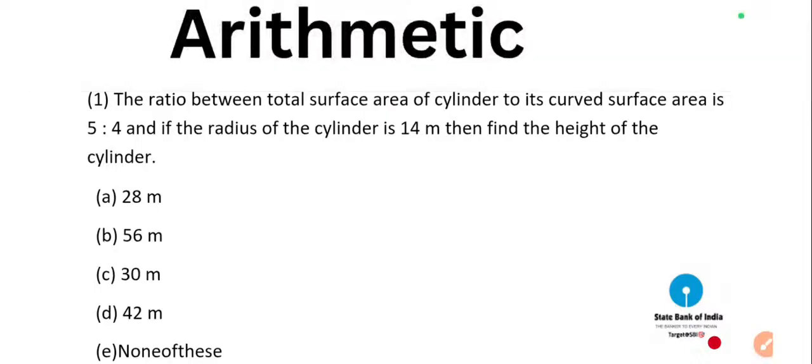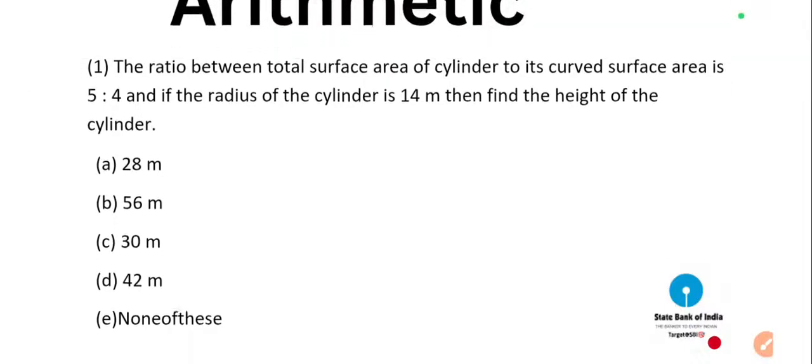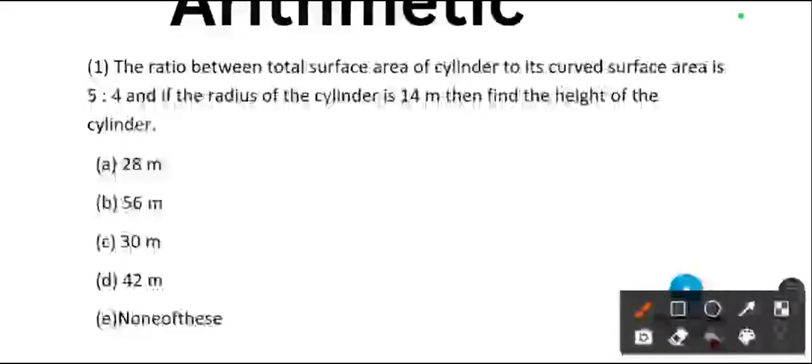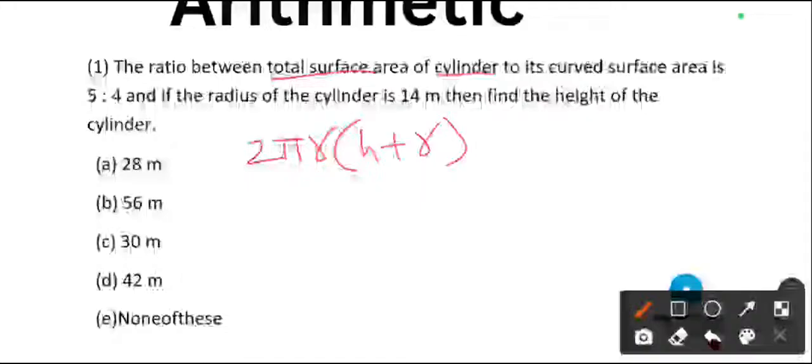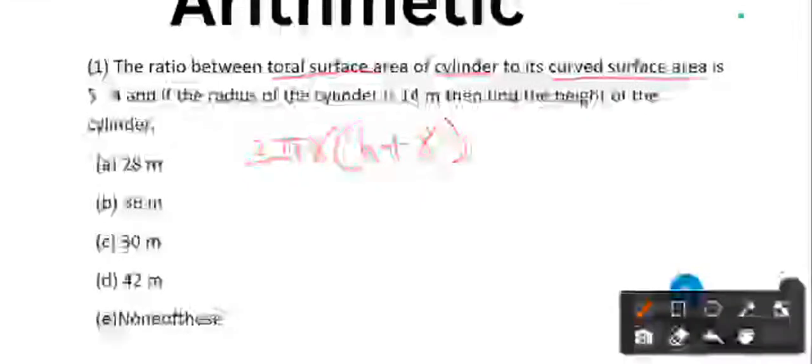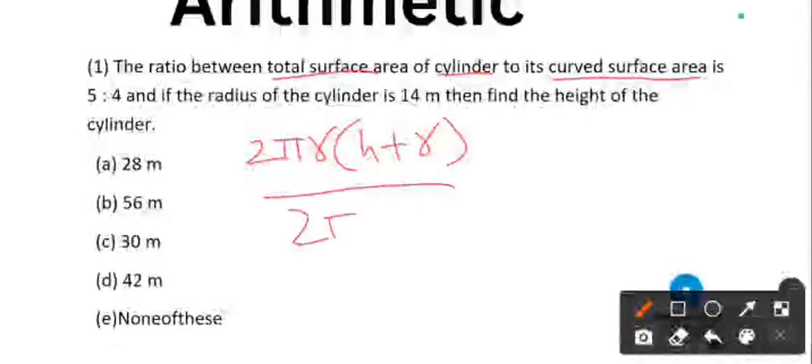The first question: the ratio between the total surface area of a cylinder to its curved surface area. So cylinder total surface area will be 2 pi r into h plus r, to its curved surface area will be 2 pi r h.